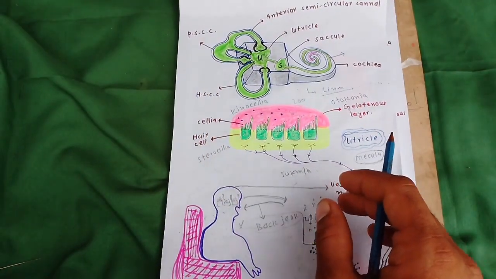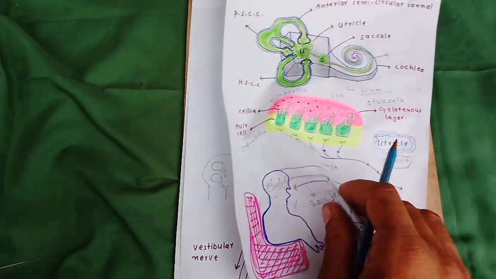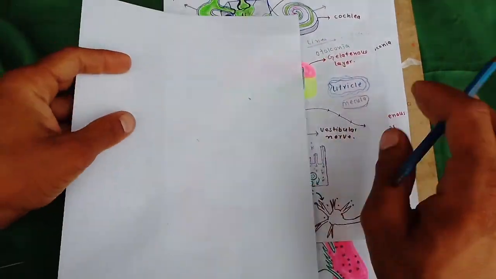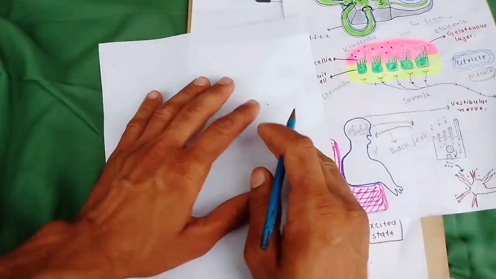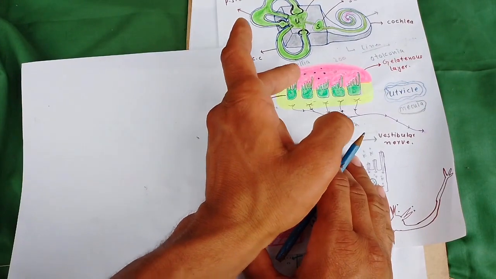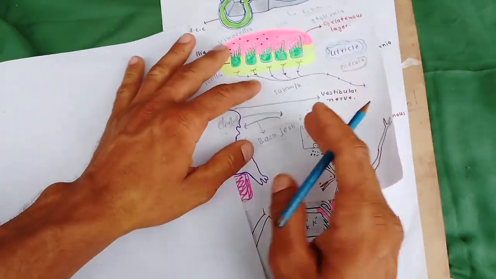So the cilia, the small cilia and the large cilia, are bent in the forward direction.